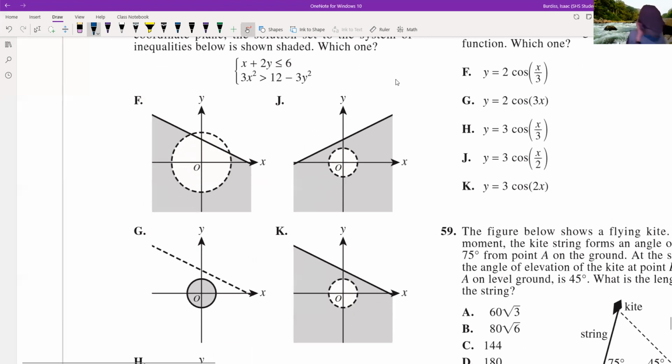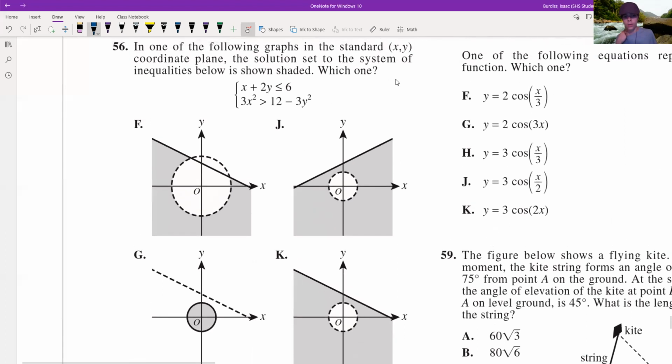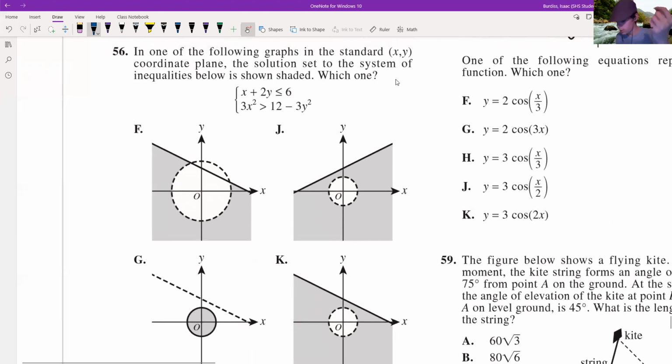All right, this one, number 56. Let's change this to where the slopes are in terms of y. So for this one, that would change to -1/2 x minus 3.